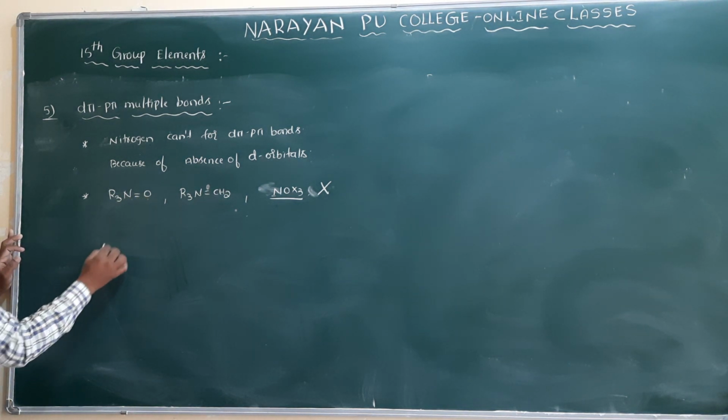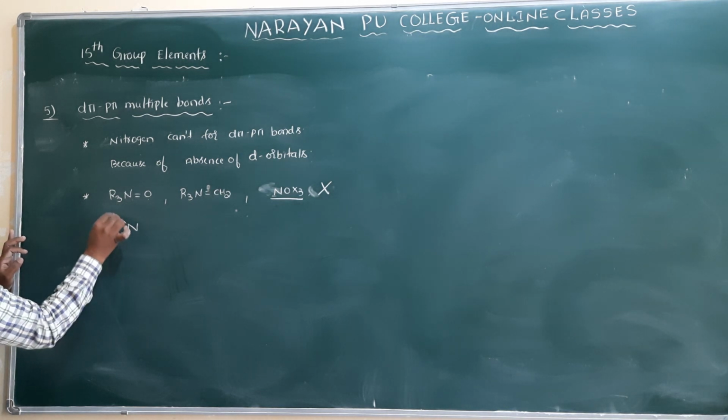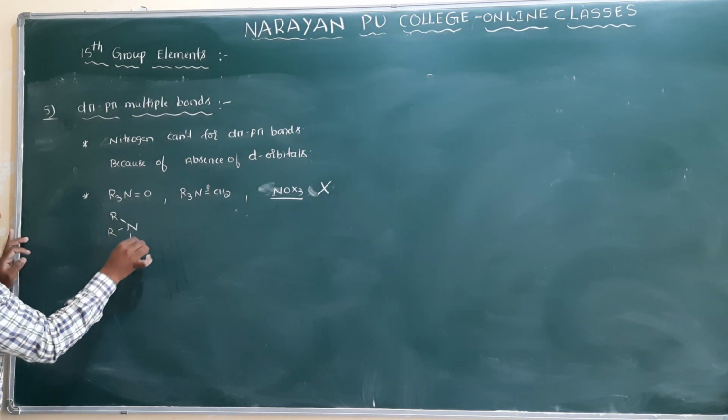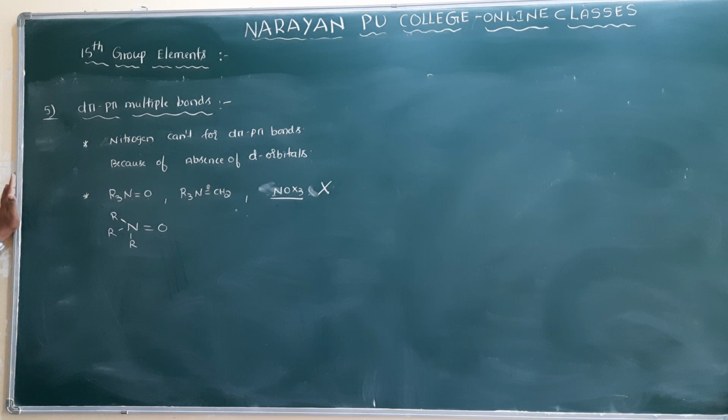To form this, nitrogen is forming how many bonds here? Five bonds. The maximum covalence of nitrogen is how much? You know the maximum covalency is 4.